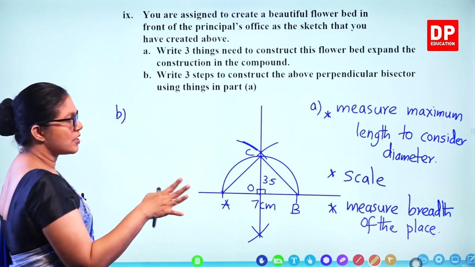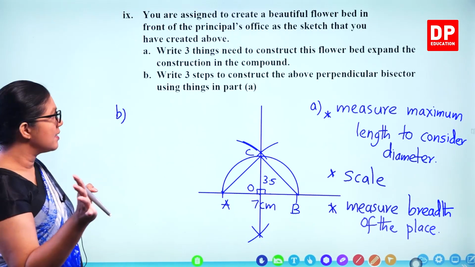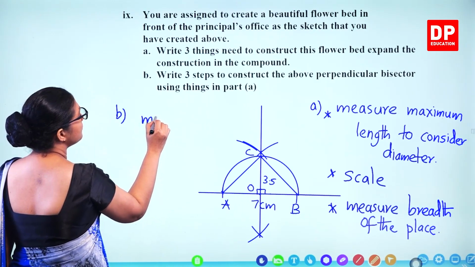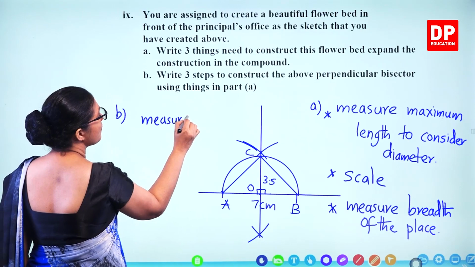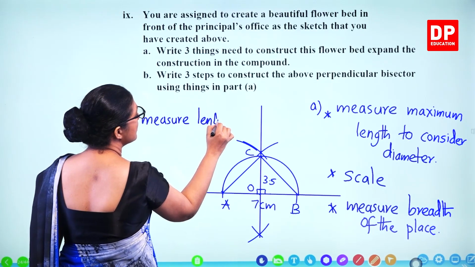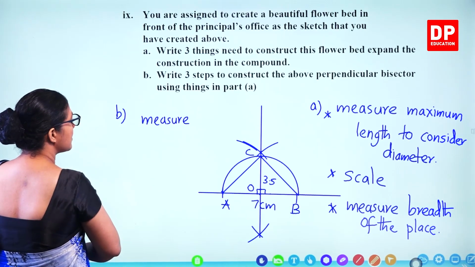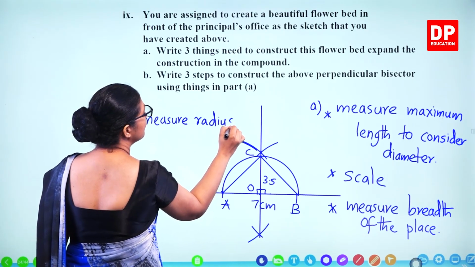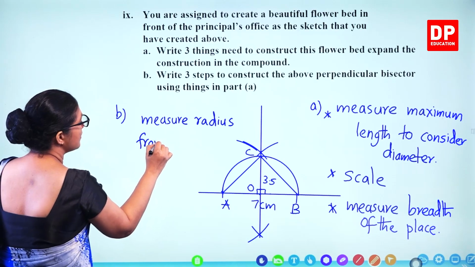After you find out the radius, you can measure the length, that means the radius, measure the radius from the corner A.